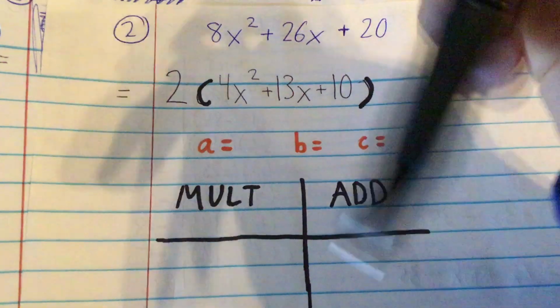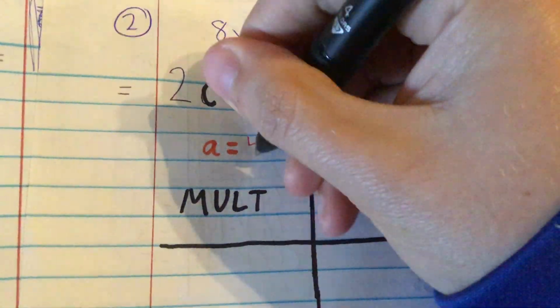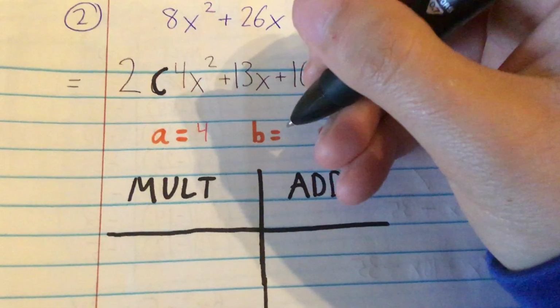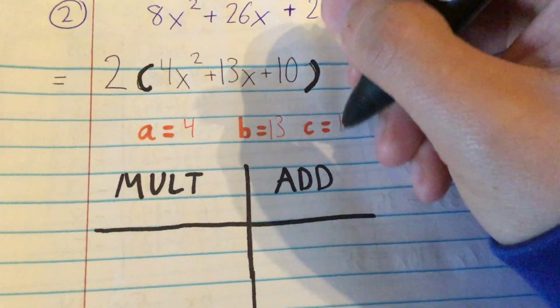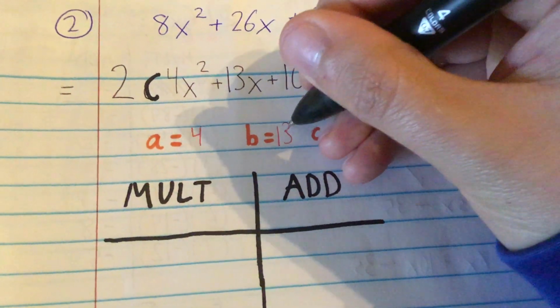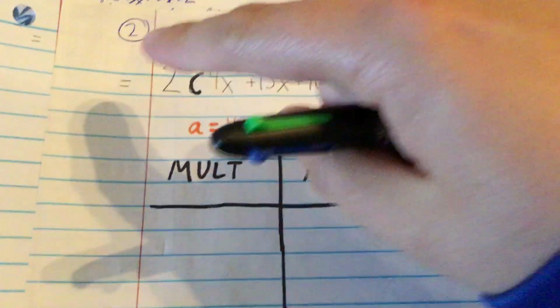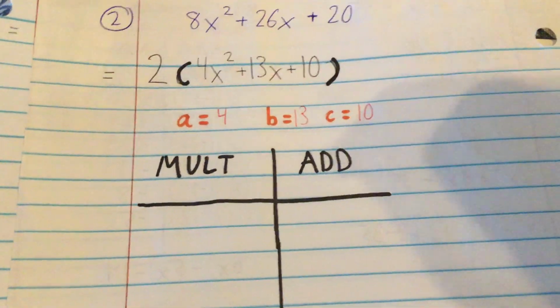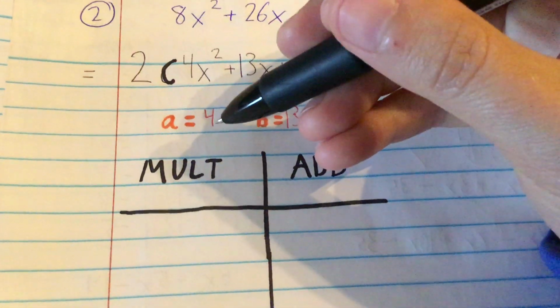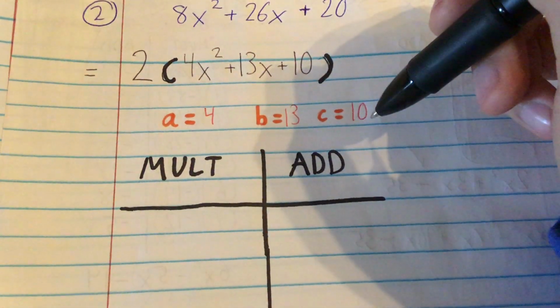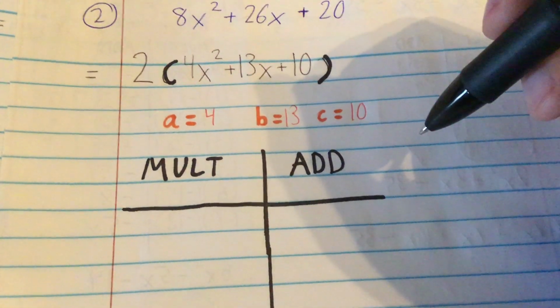But now I can make my A 4, my B 13, and my C 10. So now I've made this problem easier for me to solve by factoring out in advance. Now that my new A is 4, my new B is 13, and my new C is 10, what is my AC?